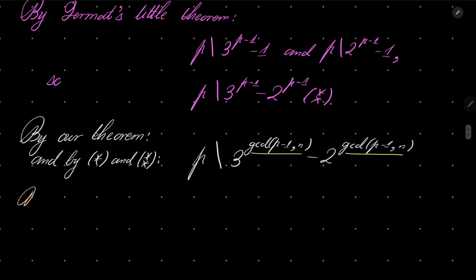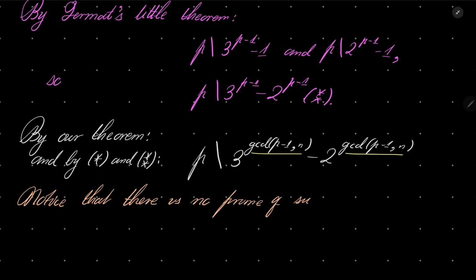So notice that there is no prime q such that q divides p minus 1 and n, because if it divides p minus 1, it's less than p, and if it is less than p, it doesn't divide n, because p is the smallest prime divisor.